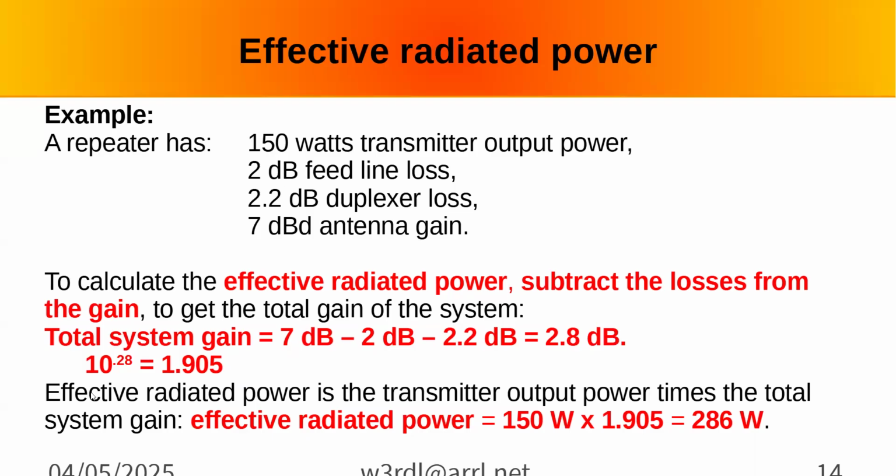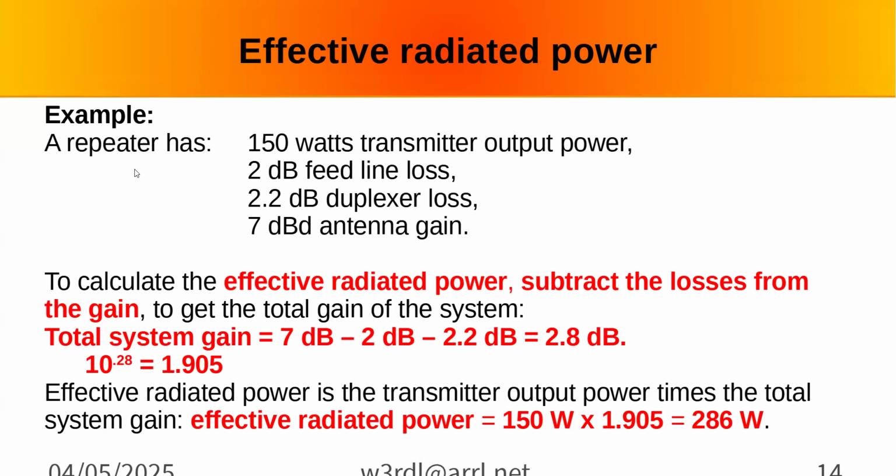So what is that? You take 10 to the 2.8 divided by 10. Because remember the formula for dB is 10 log a power ratio. So in order to do the anti-log, you have to divide whatever that is by 10. Right, 2.8 divided by 10. Because you multiplied the log by 10 to get dB.